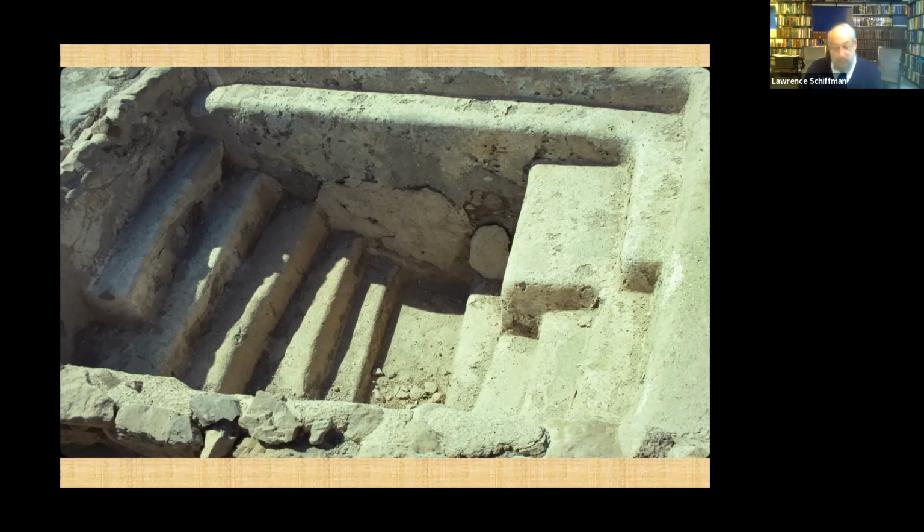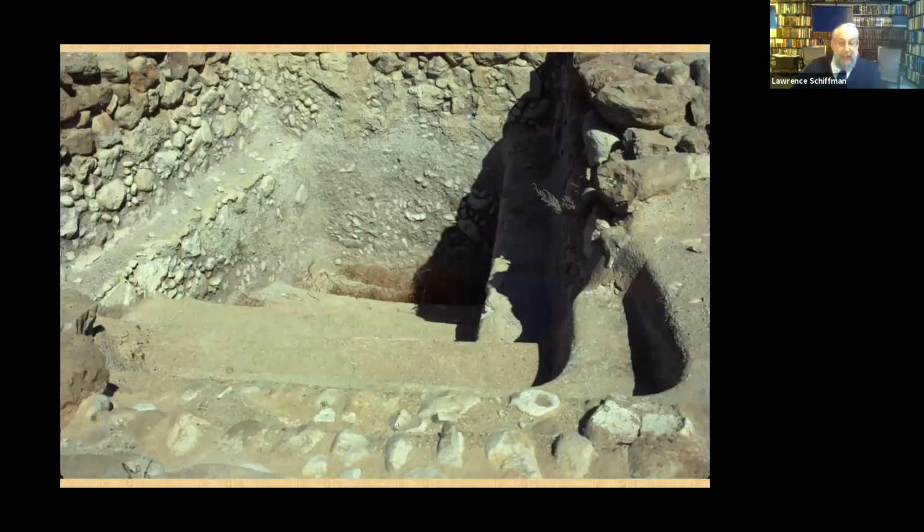Hence, mikvaot were used not only by women for menstrual impurity, they were used by men for all kinds of impurities in order to live a life in which perfect holiness and purity were being maintained at this sectarian site. Now here's another one. And these mikvaot were supplied in a way that the water flow would have been acceptable by later rabbinic law, even though we don't know from the Dead Sea Scrolls texts what their laws were.